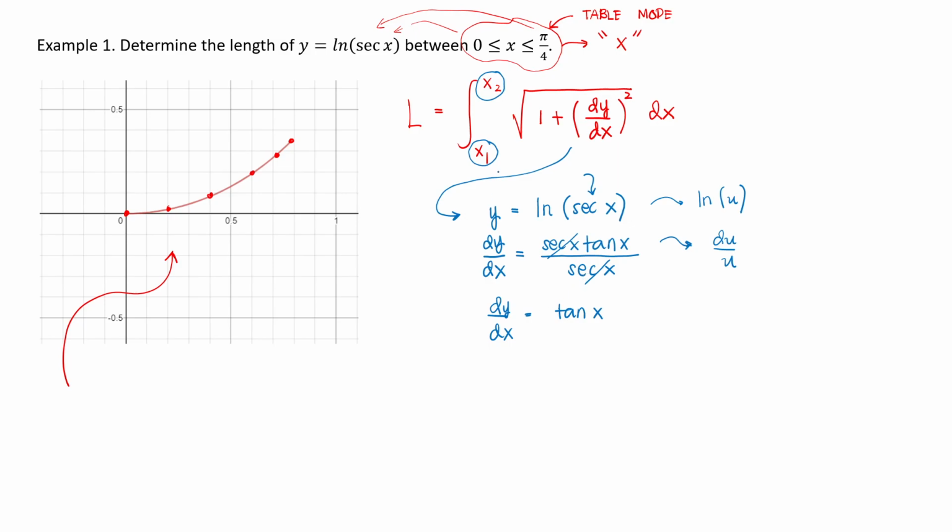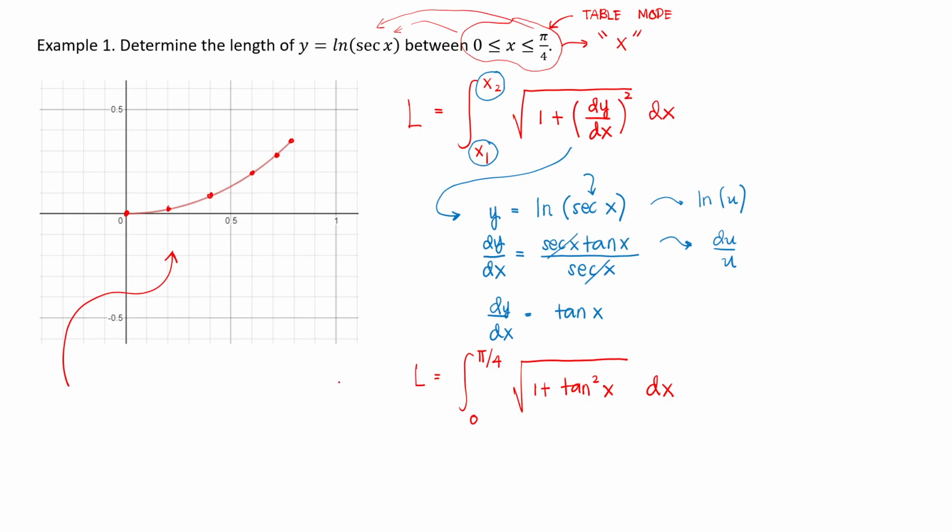Alright, so you may plug this in the formula. So you're going to have L is equal to the integral, and our limits are from 0 to pi over 4, of the square root of 1 plus tangent squared x dx.